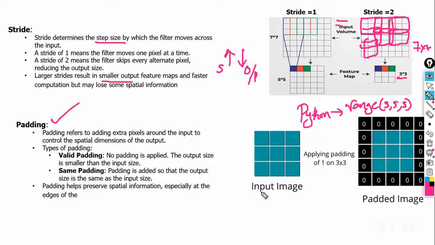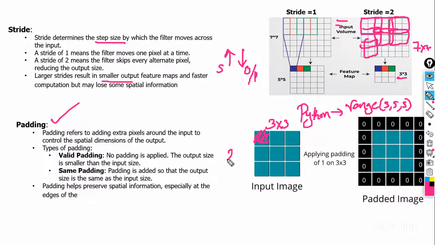Say I have an input image of size 3 by 3, and I have my object somewhere here in this particular cell.